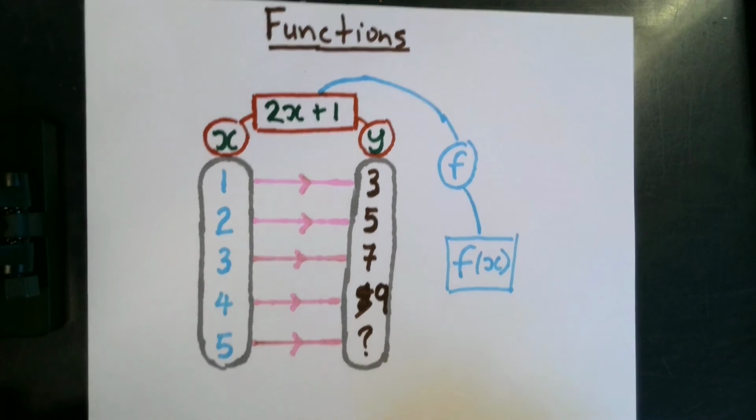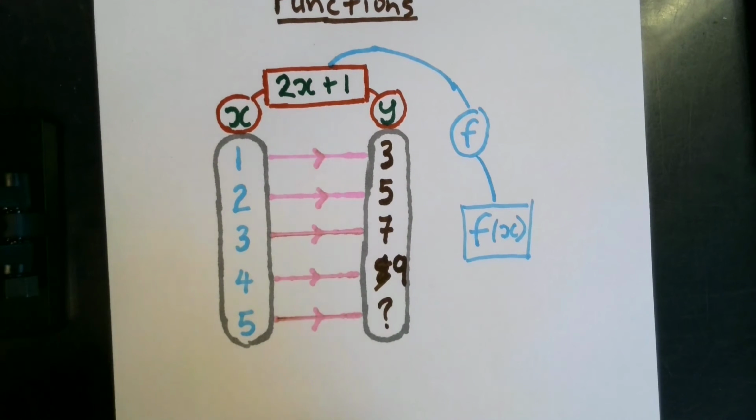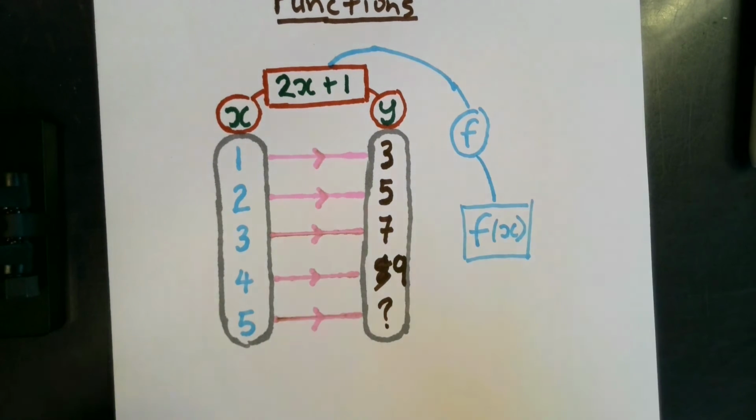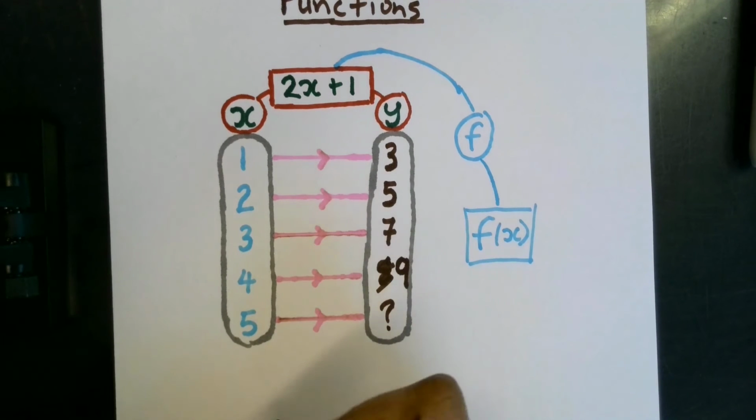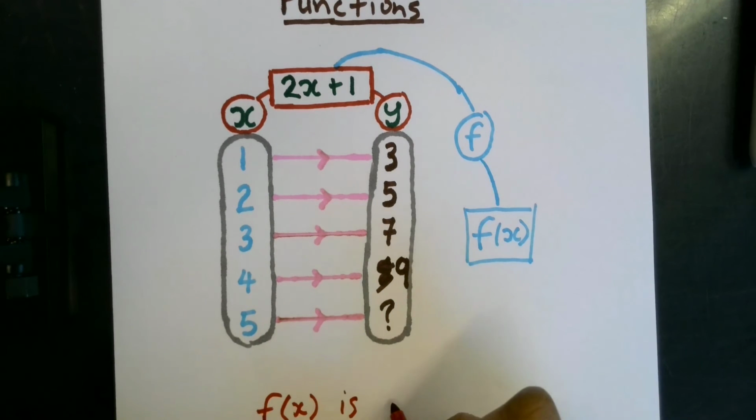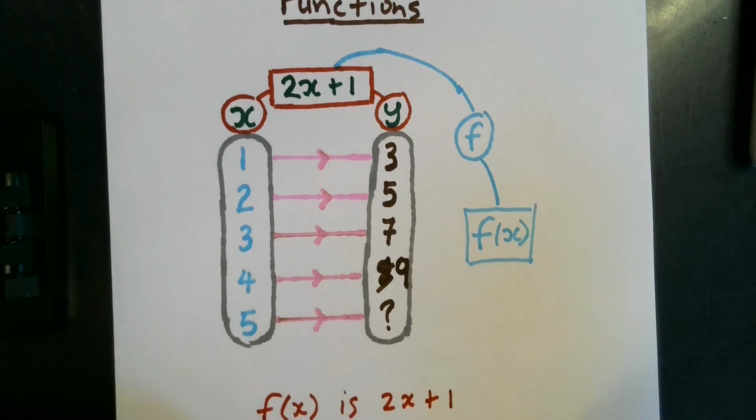All right. Now, let me continue. F of x is the formula 2x plus 1. All right.